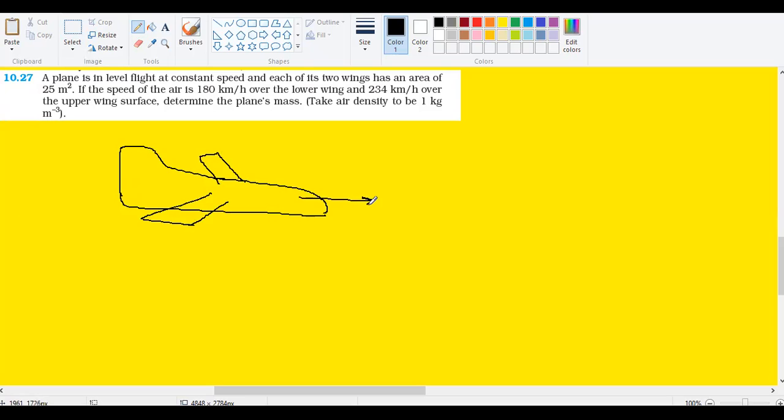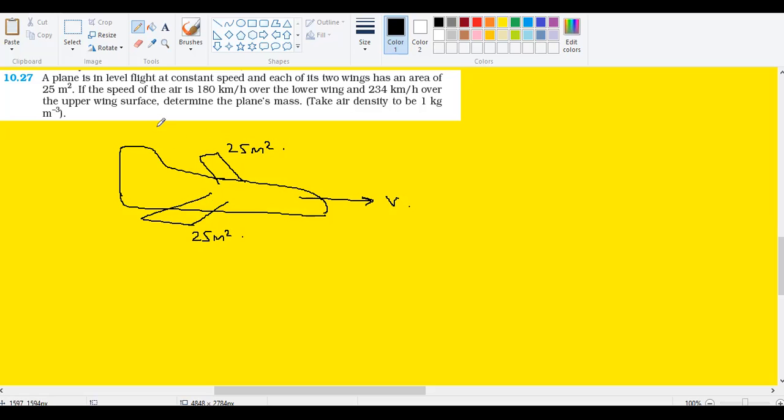So it's going at a certain speed. Two wings has an area of 25 meters square each, which means 25 meters square here and 25 meters square here. If you don't read it properly, you will make a mistake. The speed of the air is 180 km per hour over the lower wing and 234 km per hour over the upper wing surface. Determine the plane's mass.